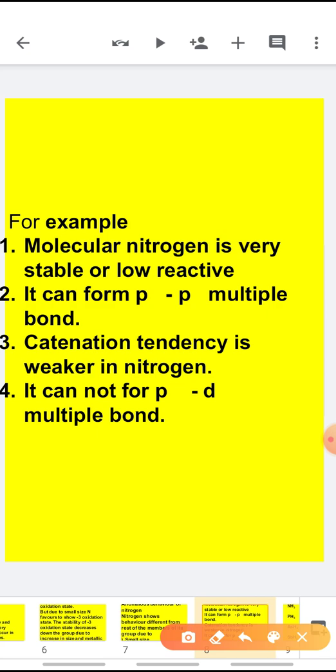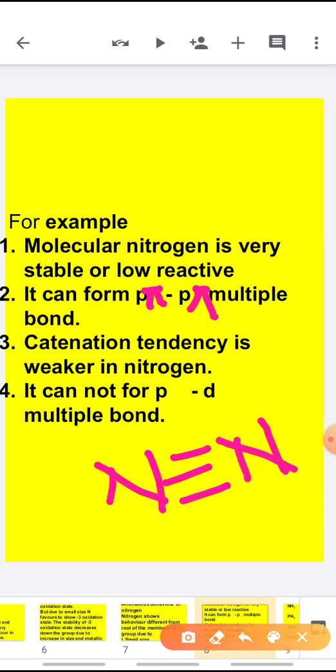The second important point: it can form p pi-p pi multiple bonds. A p pi-p pi multiple bond is when two p orbitals overlap with each other and form a multiple bond. For example, in the dinitrogen molecule, there is a multiple bond between two nitrogen atoms. It is possible because of the small size.